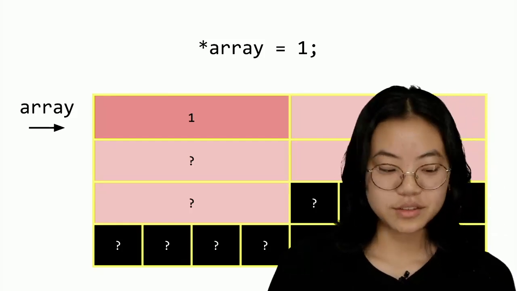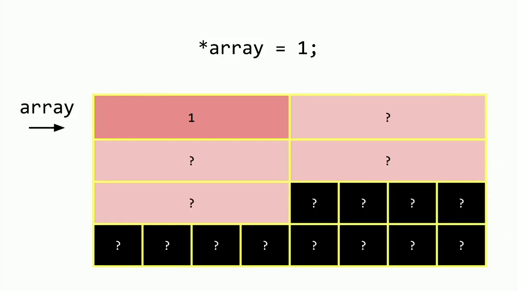What if I wanted to update the value for the next integer? What address comes after that? Yeah, so we can do some pointer arithmetic here.